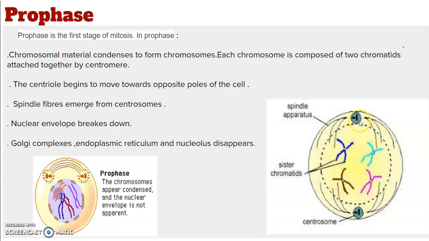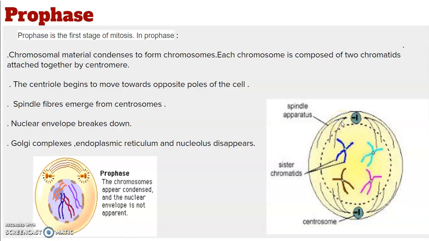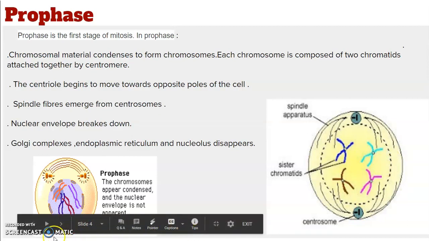The centriole, which was already duplicated during interphase, moves to the opposite pole. From this centriole, the spindle fibers emerge. The nuclear membrane slowly starts to disappear or break down. The cell organelles, the Golgi complex, endoplasmic reticulum and the nucleolus disappear.